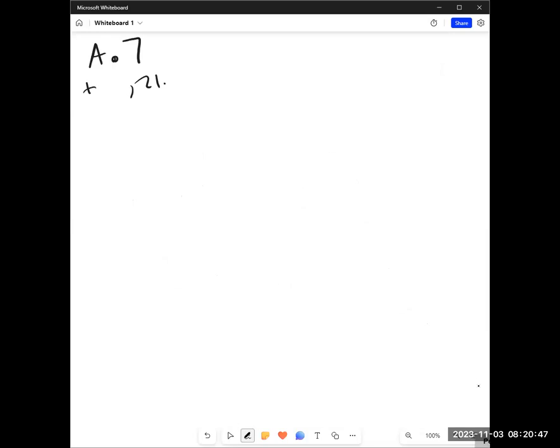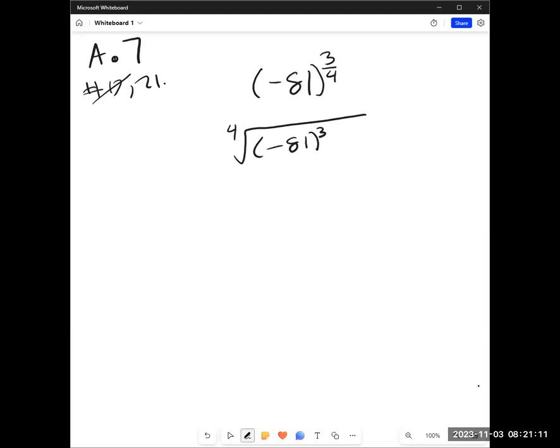Let's look at the one that's like number 21 now. Negative 81 raised to the 3/4 power is like the 4th root of negative 81 to the third.